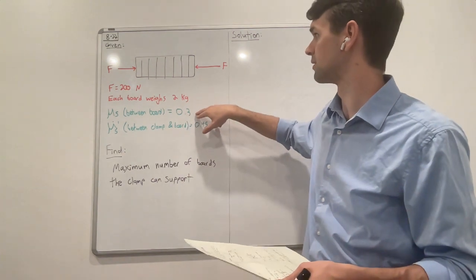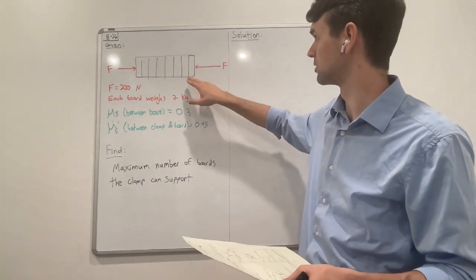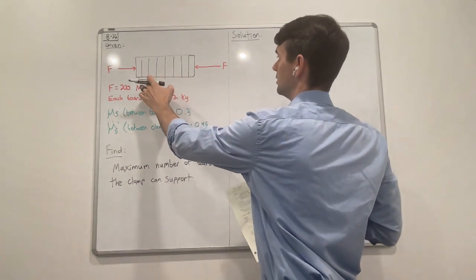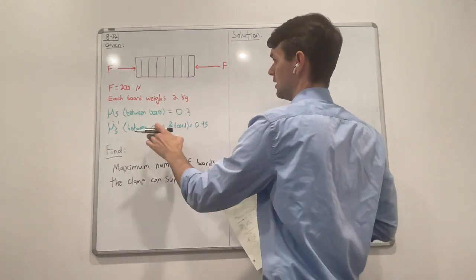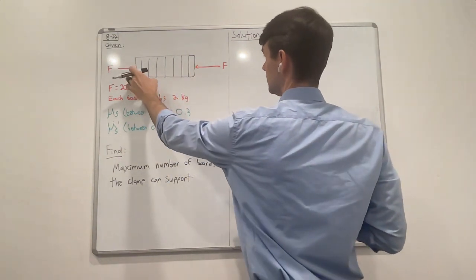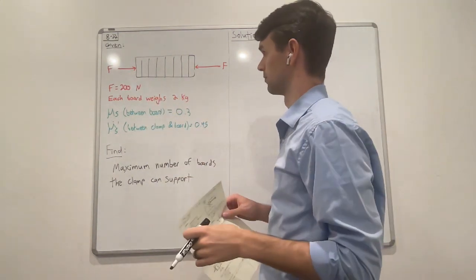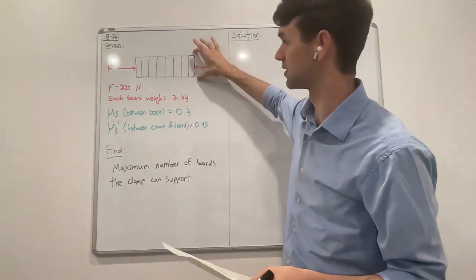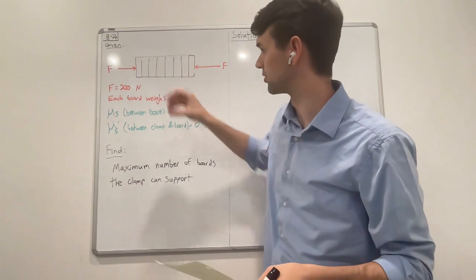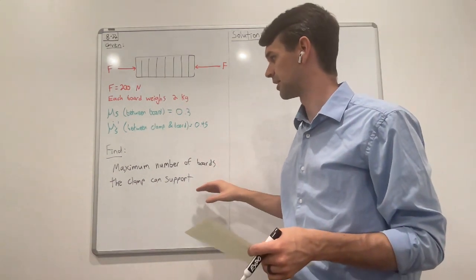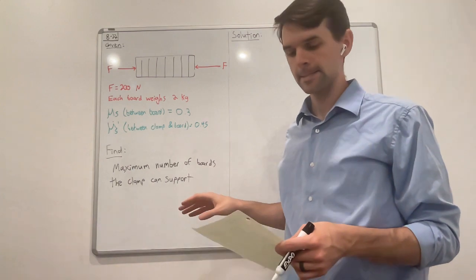We are told that the coefficient of static friction between each board is 0.3, and the coefficient of static friction between the clamp and the board is 0.45. I've already basically drawn the free body diagram, but imagine there's a clamp pressing in on both sides of the boards. What we're asked is to find the maximum number of boards the clamp can support.